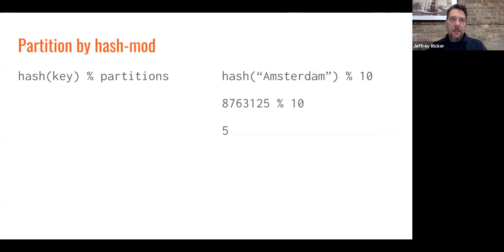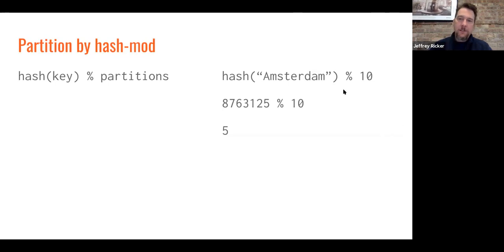So if a key is associated with the state and the processor is reading things from the stream, then the objective is that the same key must always go to the same partition. And how do you achieve that? It's this simple. You take a hash of whatever your key is, and then you take a modulus of that hash based on the number of partitions you have.